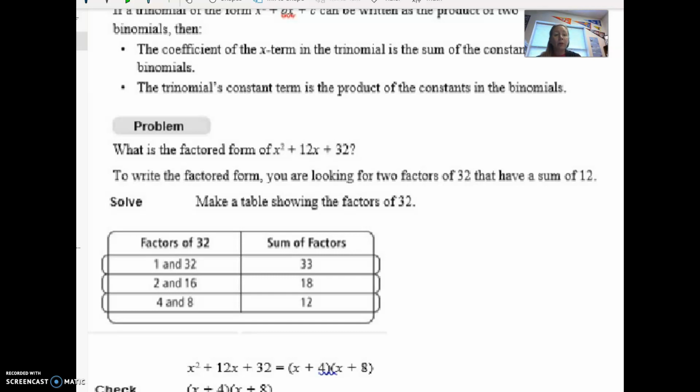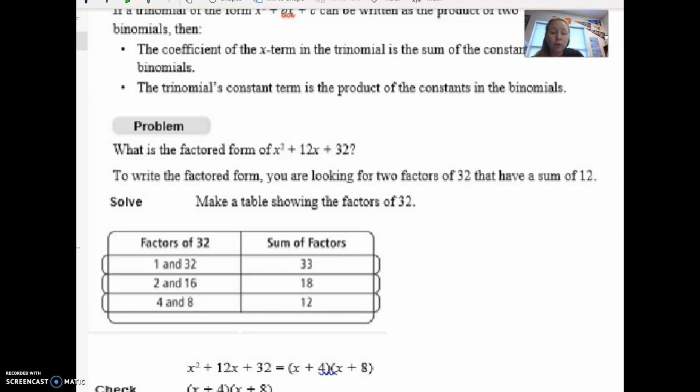The book is going to list all the possible combinations, and the bigger the number, if you have a coefficient, the more things you add to the trinomial, the more combinations you could have. So these are probably the easier type examples because we don't have to worry about a coefficient other than 1 in front. So if you look here, they've listed the factors that would multiply to get 32, but have a sum of, in this case, 12.